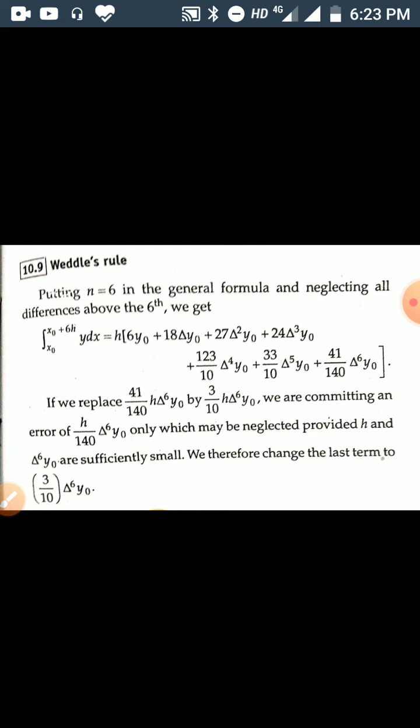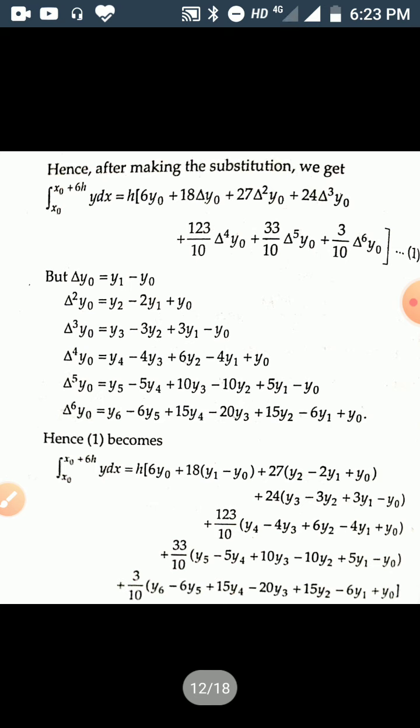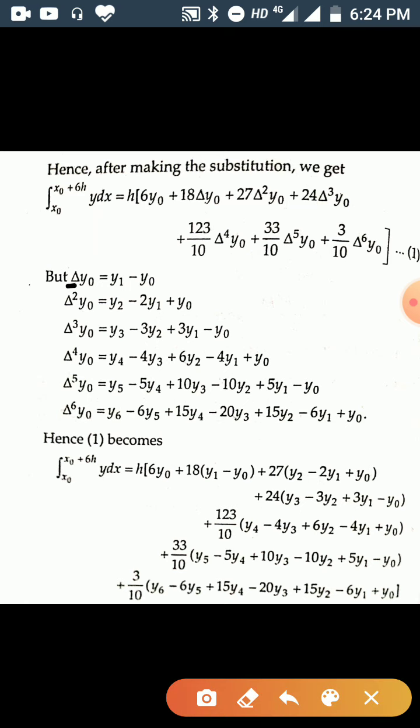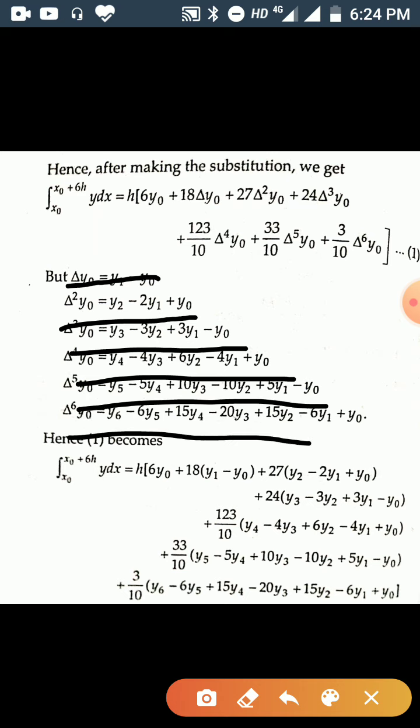We therefore change the last term to 3 by 10 delta 6 y0. So after making this substitution we will get this term. As in Simpson's 1/3 rule and 3 by 8 rule, you have to put the values of delta y0, delta square y0, delta cube y0, delta 4, delta 5 and delta 6 y0.